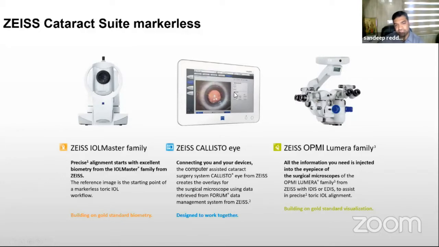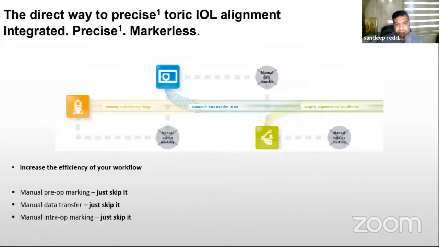The image transferred onto the Callisto system is then transferred onto your microscope using the AD system, and it can give you a precise image of the cylindrical marking that can be done.